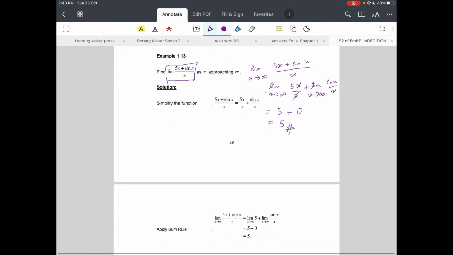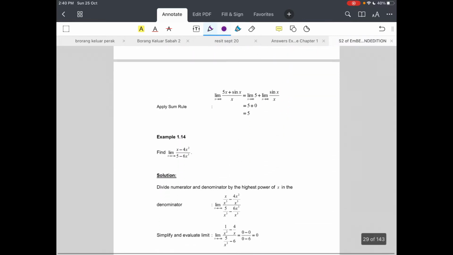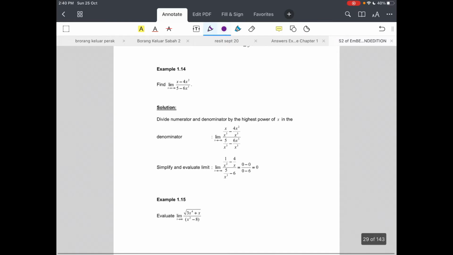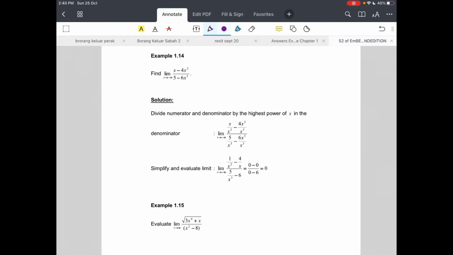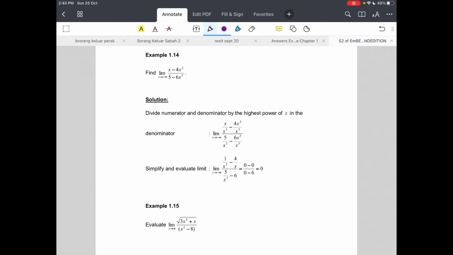It's pretty straightforward. Now for example 1.14, we are going to use a special extra step, because we have a fraction or quotient function, f(x) over g(x), and we have the limit as x approaches infinity or negative infinity.